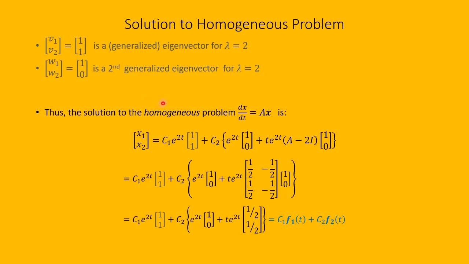So at this stage, we can write down the solution to the homogeneous system of differential equations given in matrix and vector form as this. It's going to be (x1, x2) equals an arbitrary constant c1, e to the 2t times that eigenvector that we got up here.